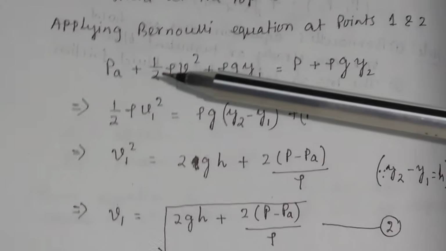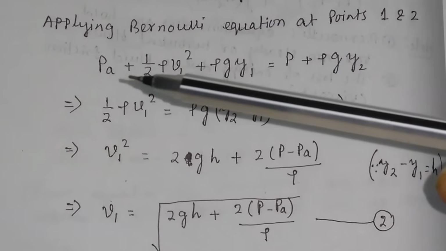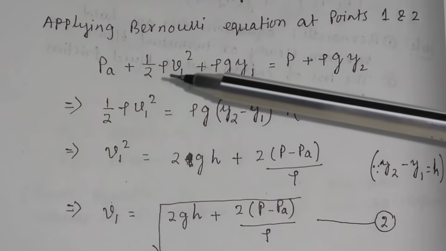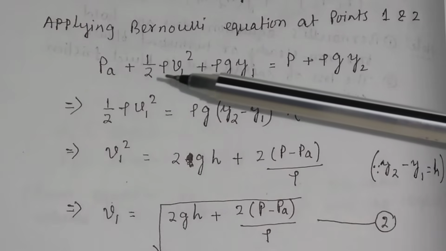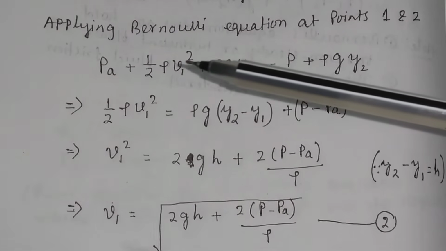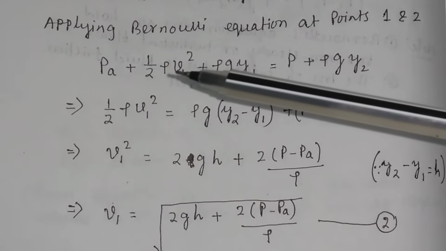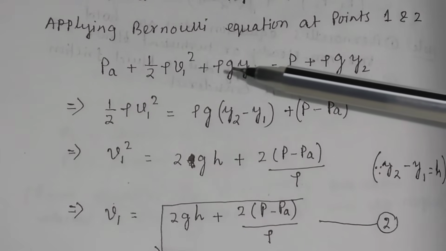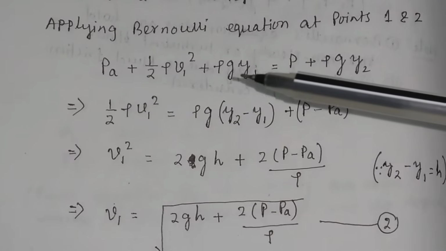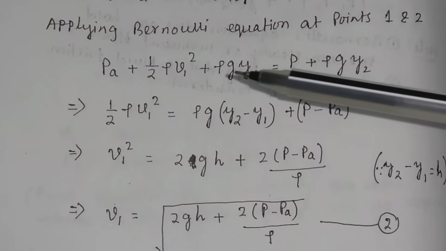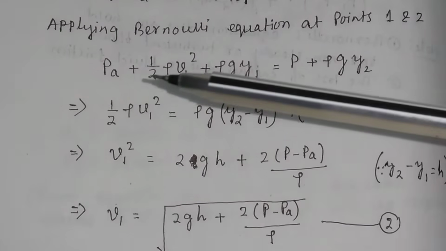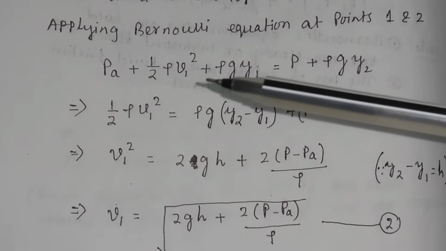So at the point 1, the pressure is the atmospheric pressure, that is PA, plus the kinetic energy per unit volume, that is equal to half rho V1 square, because at 1 the velocity is V1, and the potential energy per unit volume is equal to rho g y1. So this is the total energy at the point 1.